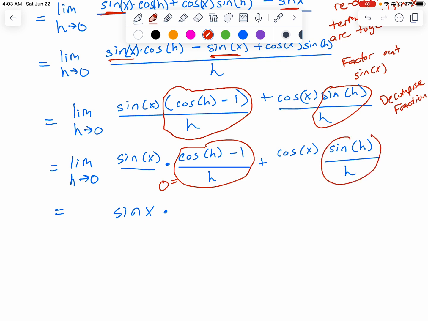The limit of this piece is 1. And the limit of cosine x, remember that's not an h, it's an x. So that's just cosine x. So that gives me 0 plus cosine x, which gives me just cosine x.